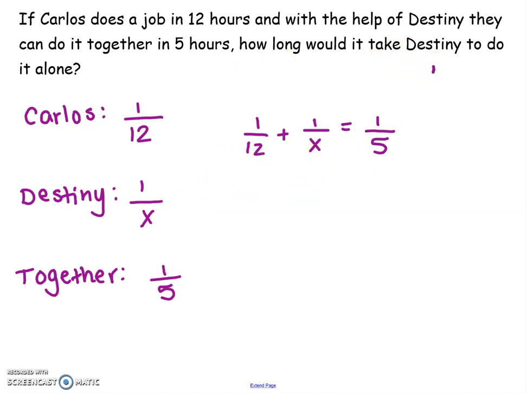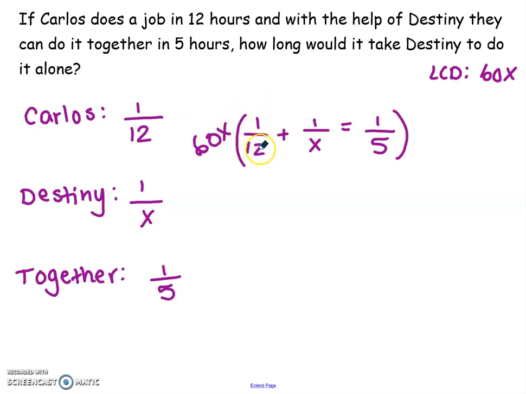We want to find our LCD. So here we're going to use 60x. Okay, so again, I'm going to take that LCD and multiply it to everything that I have. So I'm going to do 60x times 1/12.